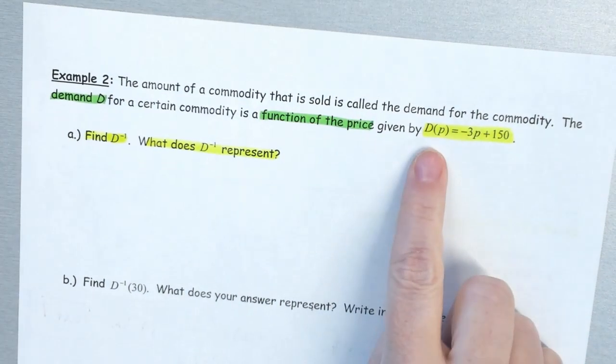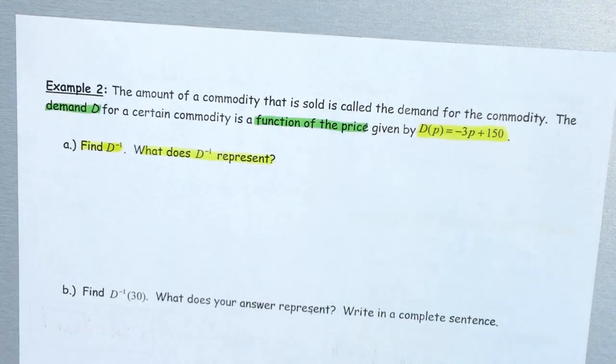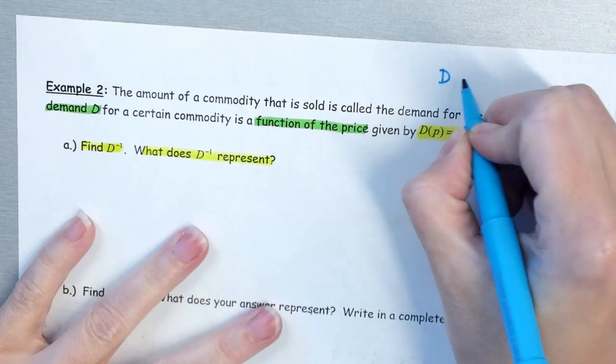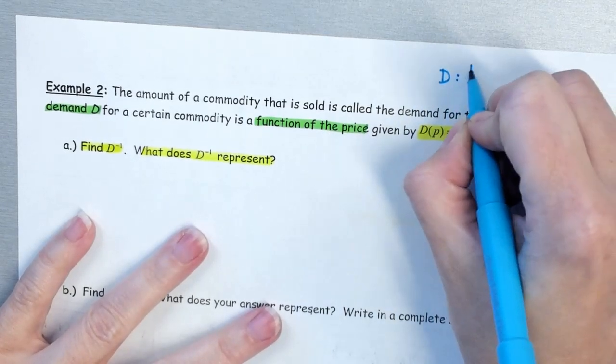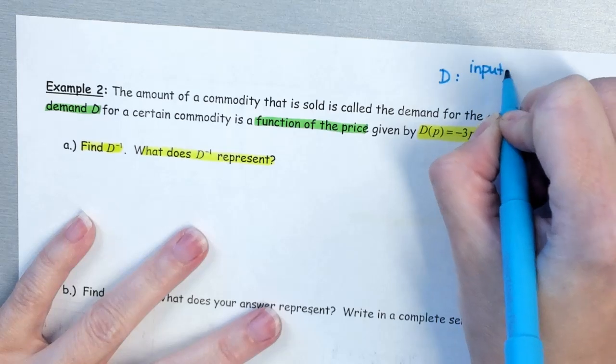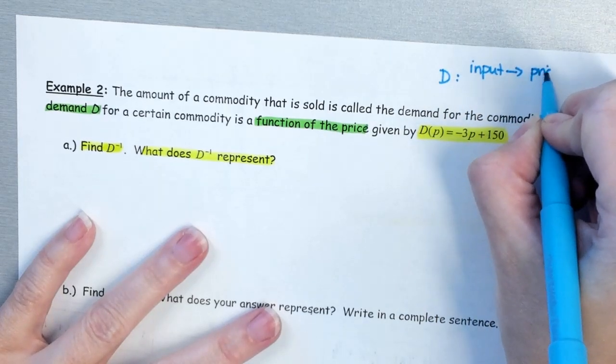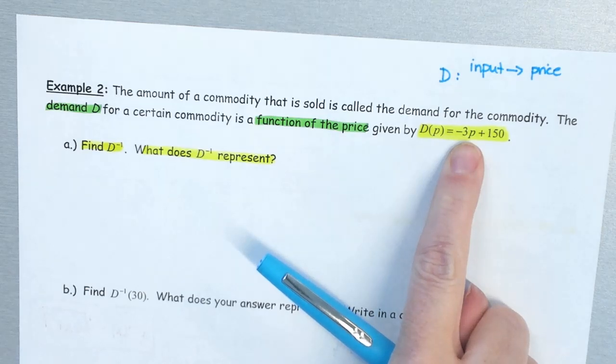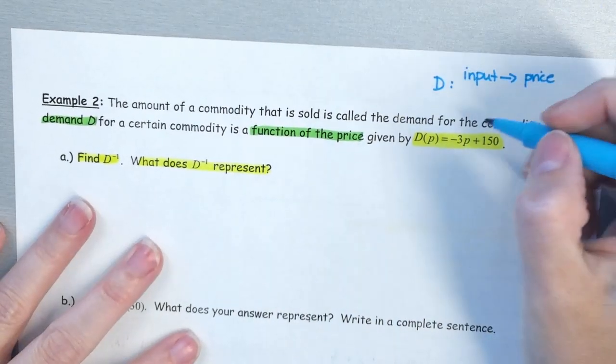Okay, so for this equation here, the D of P, for function D, the input is the price, which you can see in your equation, right? P is the input, the output is the demand.